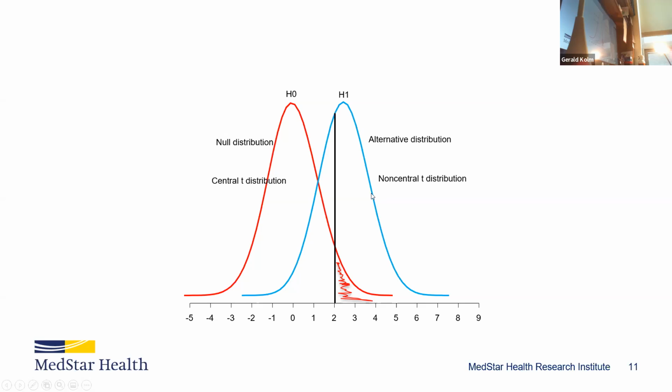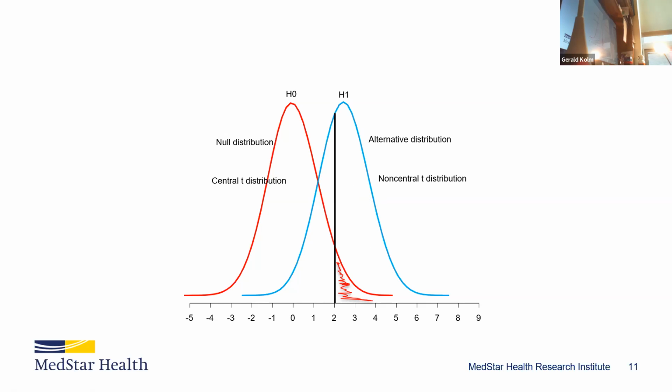It looks more likely that it's part of the alternative distribution. So from our null distribution, this is our alpha error rate, or where we get our p-value from.